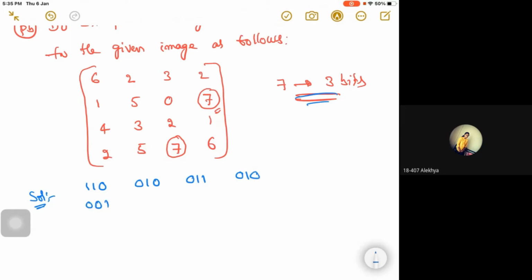Next for 5, 1 0 1. Next 0, 0 0 0. For 7, 1 1 1. Next for 4, 1 0 0. 3, 0 1 1. 2, 0 1 0. 1, 0 0 1. Next 2, 0 1 0. 5, 1 0 1. 7, 1 1 1. 6, 1 1 0. So this is the binary representation.